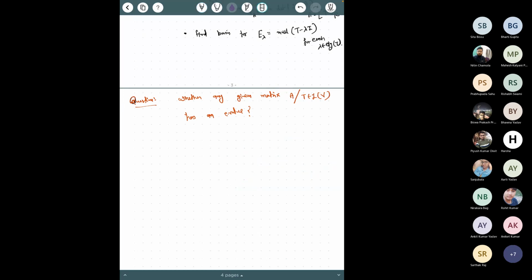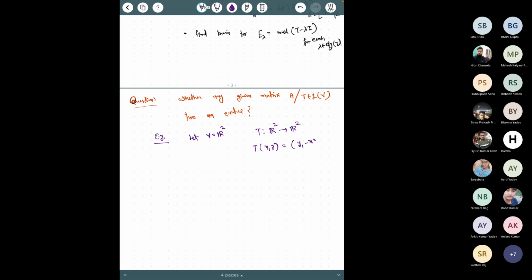So for example, I can explicitly write also. So let's write this example first for operators. So if you take, let's say, V as R2 and T is the rotation, you can take any rotation. So let me take this rotation in clockwise direction by 90 degrees. So it would be T(x, y) = (y, minus x).